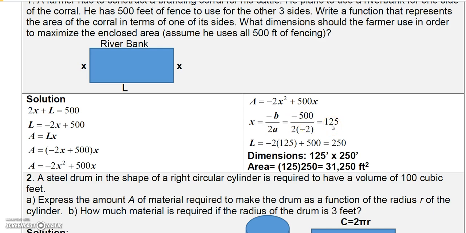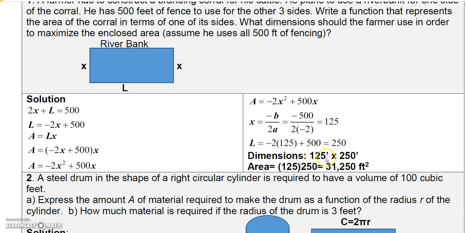And then you can plug 125 back into your formula for L to get the length. So negative 2 times 125, that would be negative 250 plus 500. So we would end up with 250 for L. And so the dimensions are 125 feet by 250 feet.